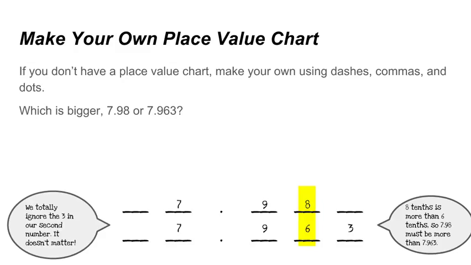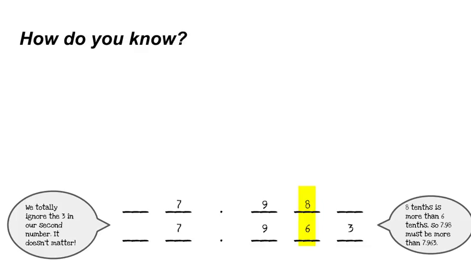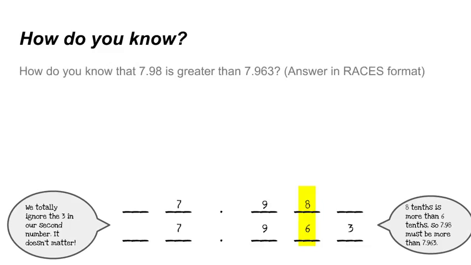Notice that I totally ignore the 3 in the second number at the end because it's in the thousandths place, and it does not matter because I have figured out which number is bigger and which number is smaller by the time I got to the hundredths place. How do I know that 7 and 98 hundredths is greater than 7 and 963 thousandths?